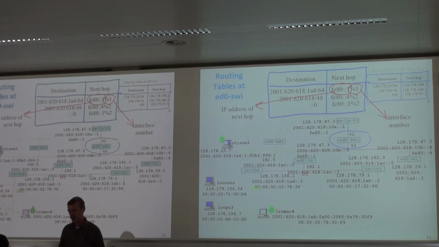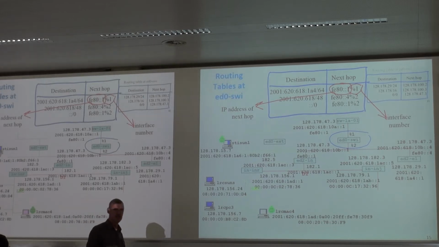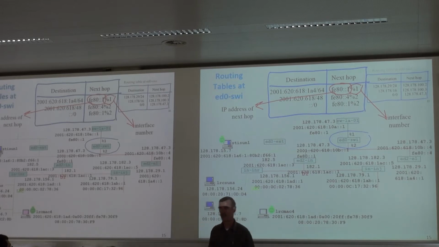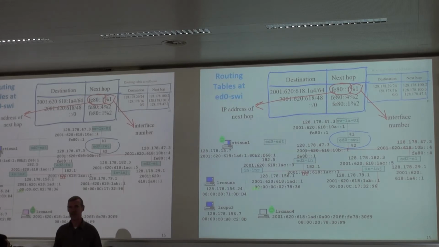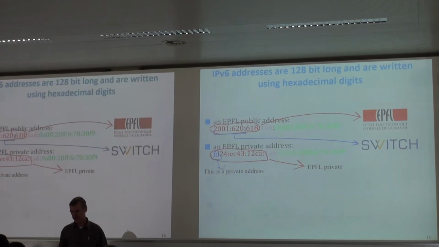So you need, in addition, to put the interface number, which in this case is %1. In other machines you could see ETH0, ETH1, etc. So the %1 is not part of the address, it just says the interface to which this address is meant to be interpreted.